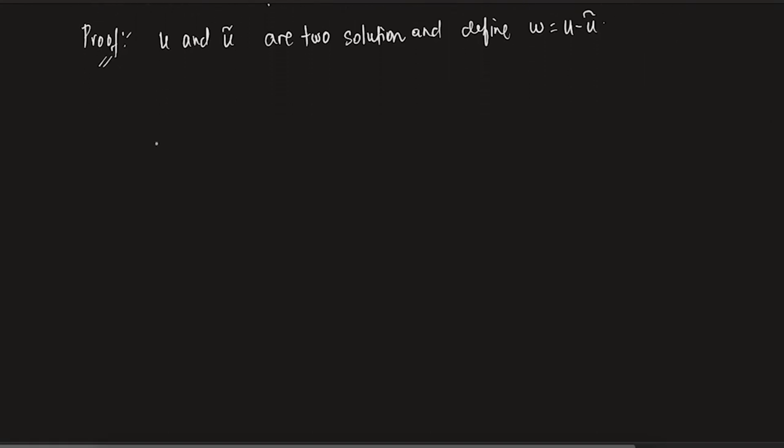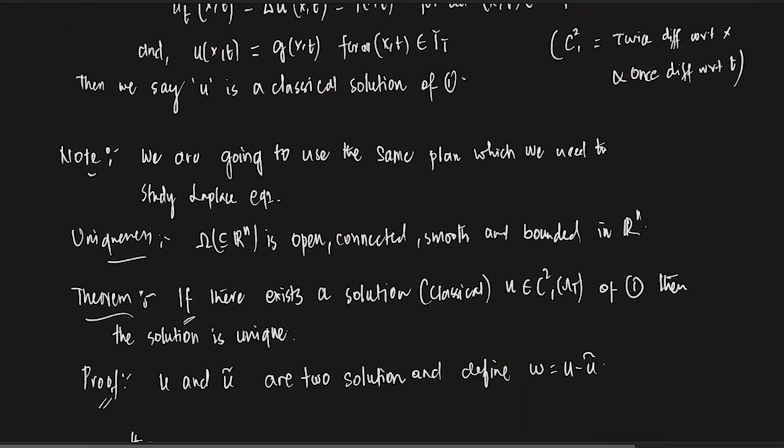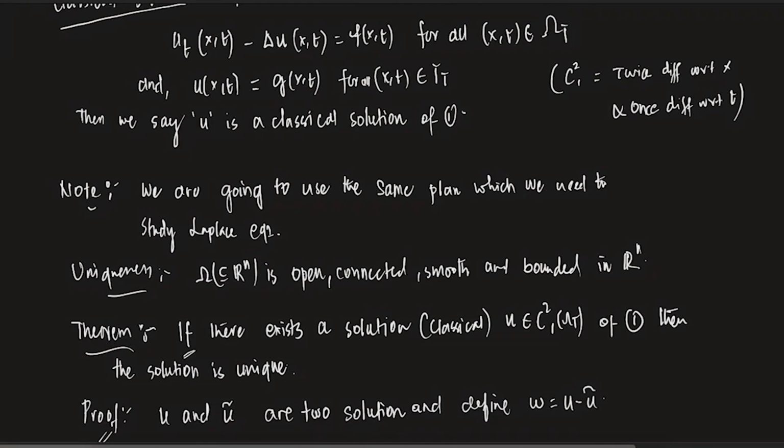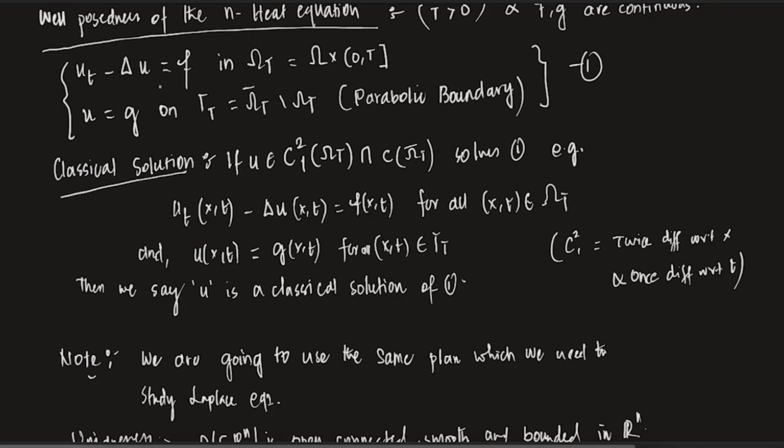Now, once you do that, you see the linearity kicks in. Since u and u tilde both satisfy this equation, u minus u tilde will satisfy the homogeneous problem. f is getting cancelled out here. So let me write it. u_t minus Laplacian of u equals f, and u tilde_t minus Laplacian of u tilde equals f.